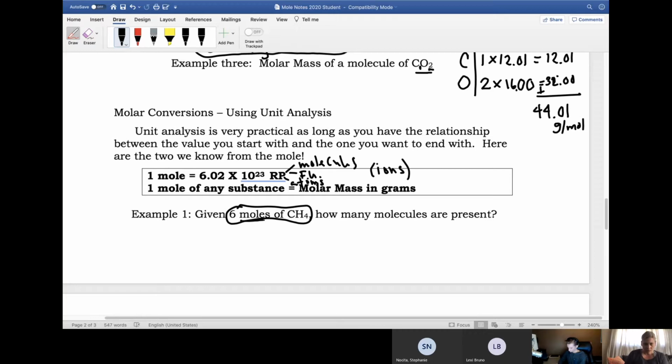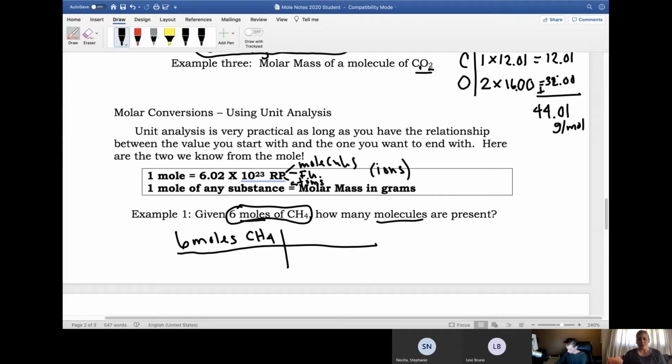So I'm starting in moles, and they're asking me to convert to molecules. So I'm starting with 6 moles of CH4. Now we're going to go up here and we're going to say which one of these 2 equalities will get me out of moles and into molecules.